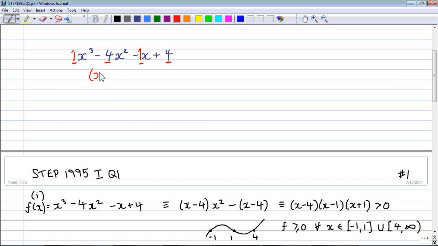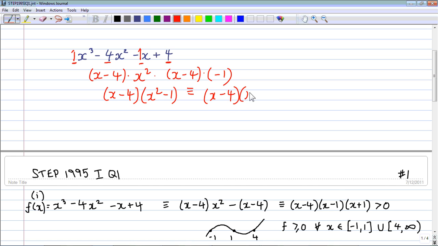The common factor is x minus 4. That's x minus 4 times x squared, and that's x minus 4 times minus 1, isn't it? So you can take out the common factor x minus 4 immediately just by observation, and you get x squared minus 1, which trivially factorizes, giving x minus 4, x plus 1, x minus 1.